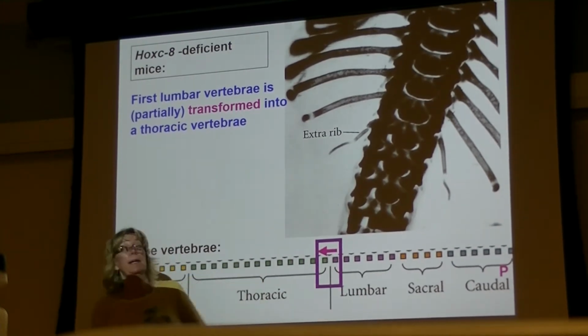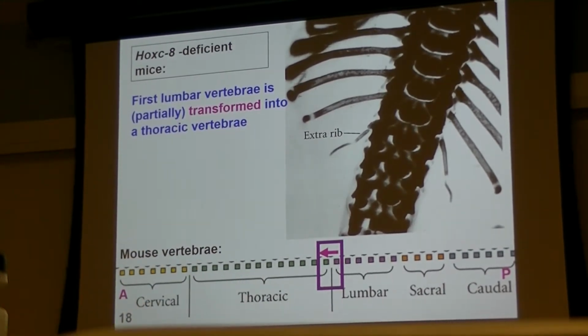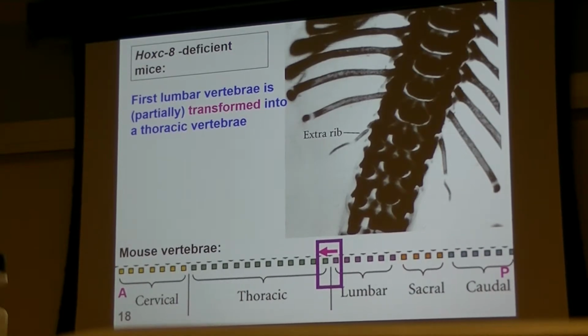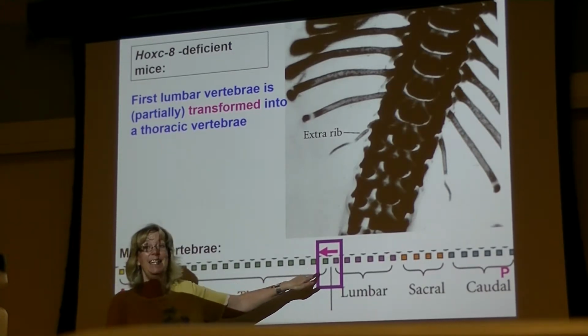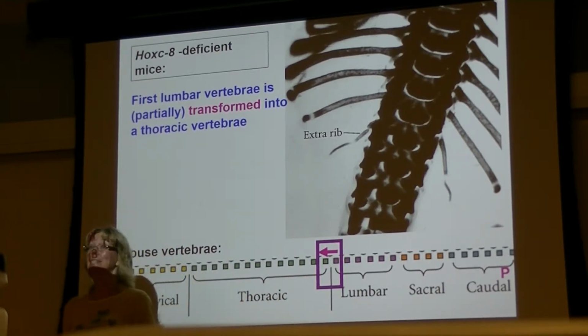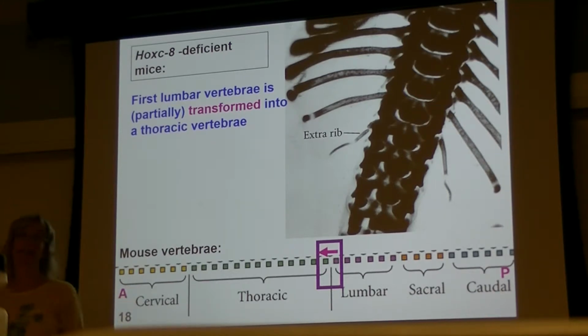And so it did get a pair of ribs. And that rib might not be fully wild type sized, because it's not a totally clean situation here. All we've done is mutate one gene. Okay. But you can definitely tell it's a rib, and you can definitely qualify or score this as being homeotic because of that.